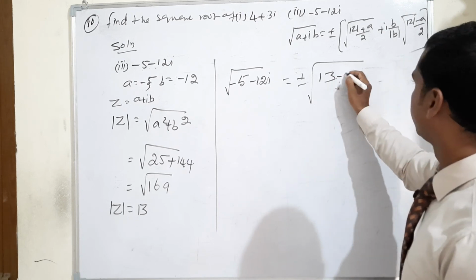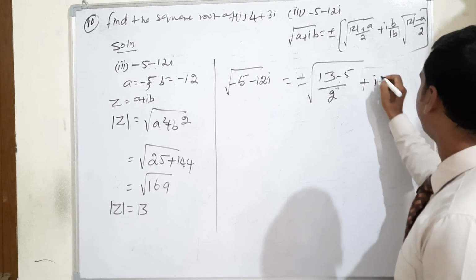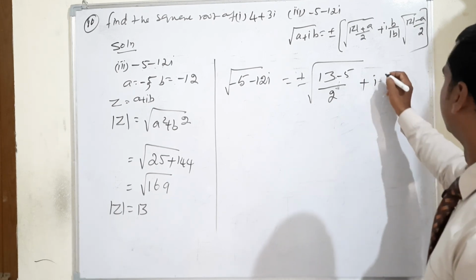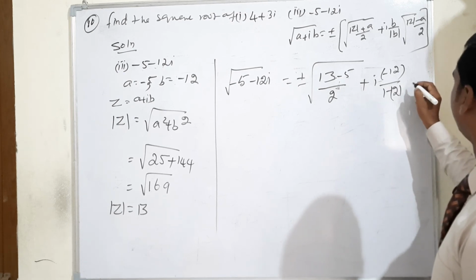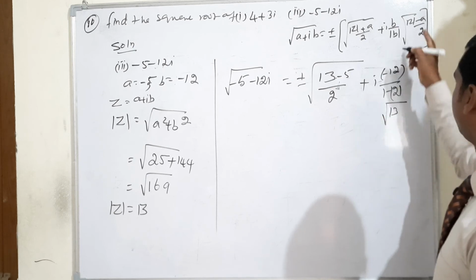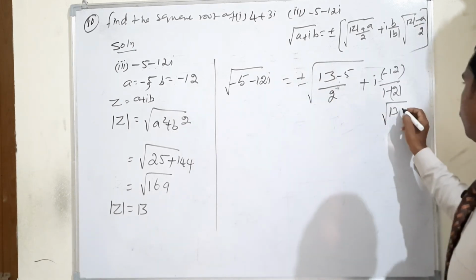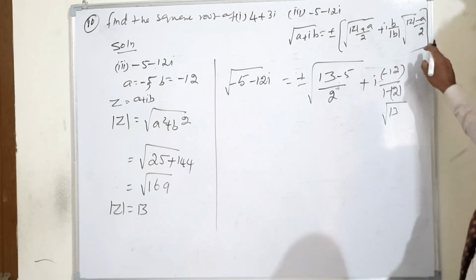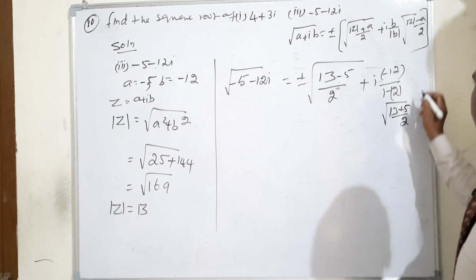So we can write directly minus 5 by 2, then plus i into the b value, which is minus, isn't it? So minus 12 divided by modulus of minus 12. Again square root of modulus z, 13, minus a where there is a minus sign, so here also common minus. So minus into minus, plus will come. So 13 plus 5 by 2.